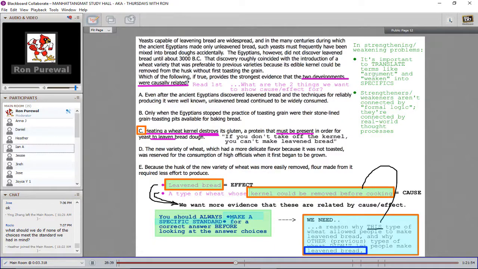If you're spending most of the time looking at the choices, that's bad. That means you should spend a lot more time specifying stuff first. Okay. Let me see a smiley face icon if this all makes sense.